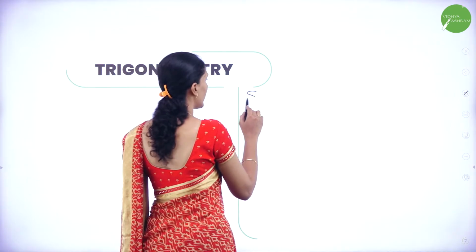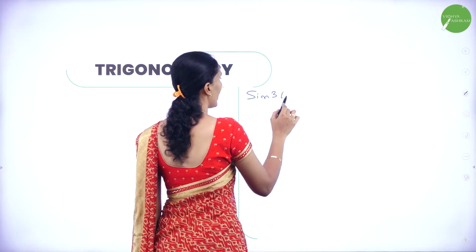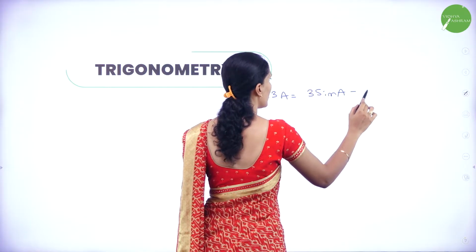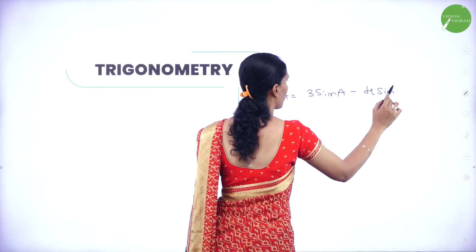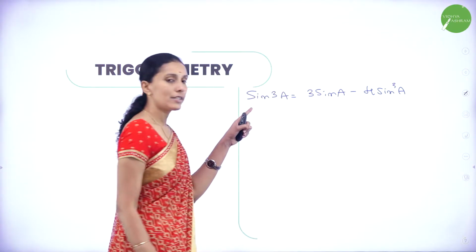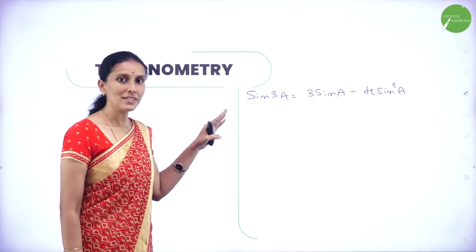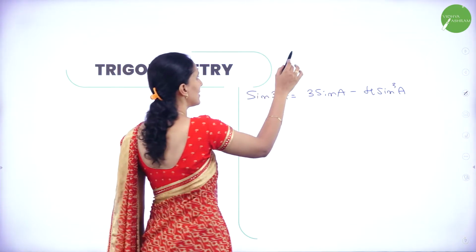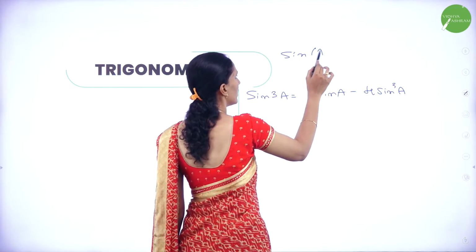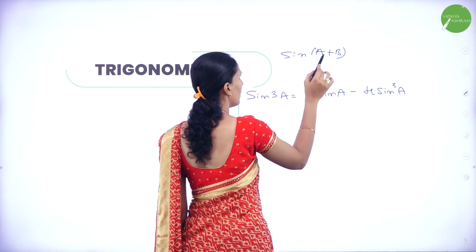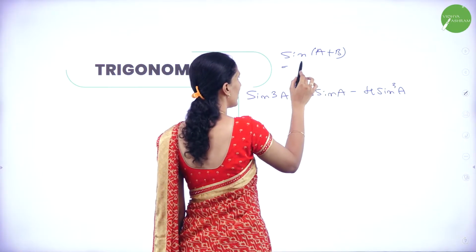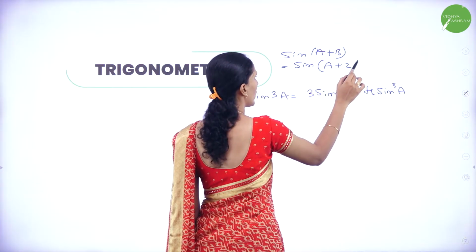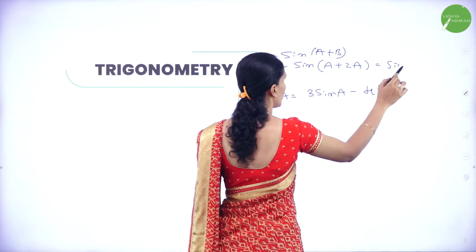What is sine 3A? Sine 3A is given by the formula 3 sine A minus 4 sine cube A. This is also obtained from sine A plus B only, where 3A is taken in the form of A plus 2A, which becomes sine 3A.